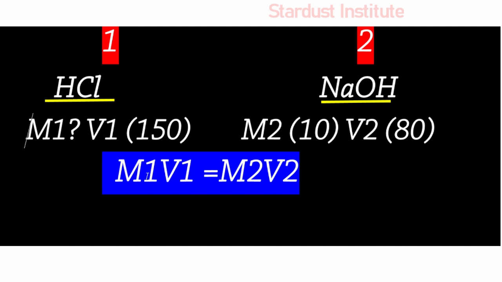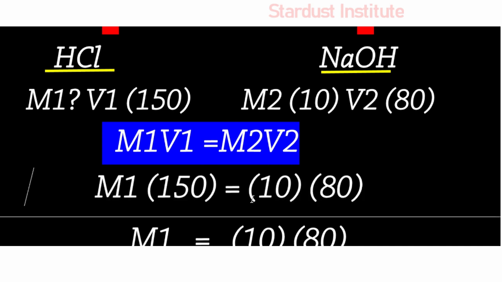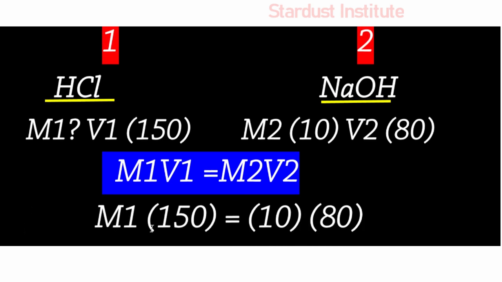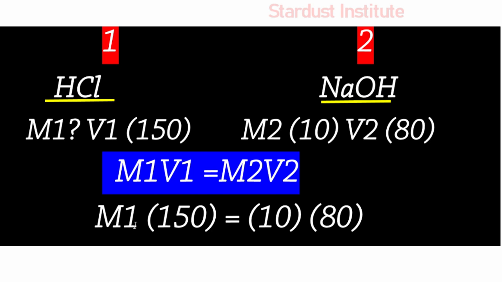We don't know M1, we know V1. We know M2 and V2. We can substitute these values into this equation. We don't know M1, we know V1, 150 milliliters. We know M2, 10 M, and we know V2, 80 milliliters. Now we have to find M1, therefore we have to isolate M1 on the left hand side of this equation.